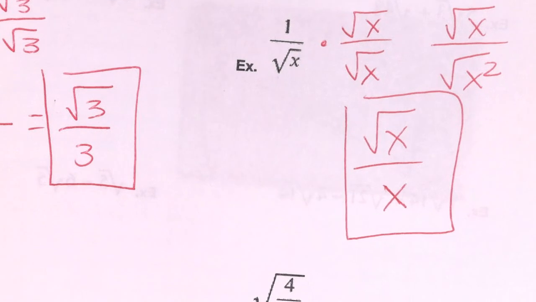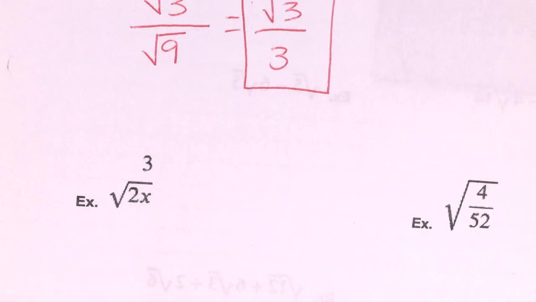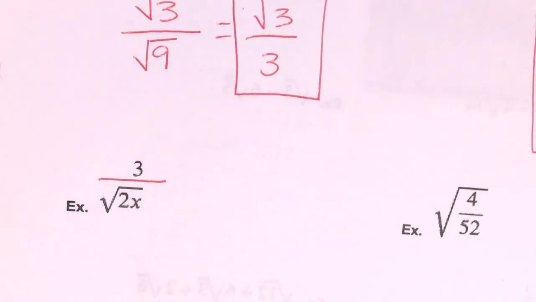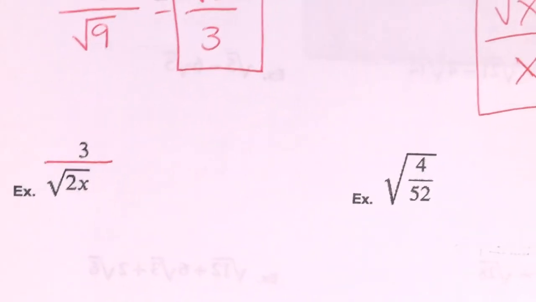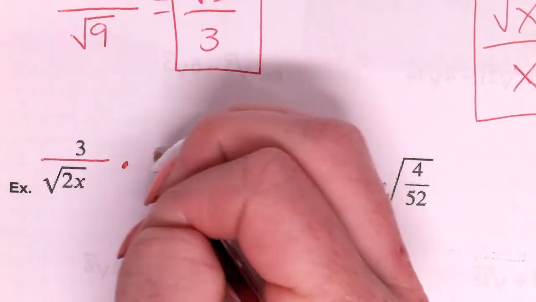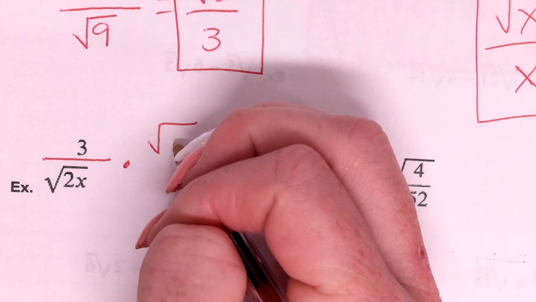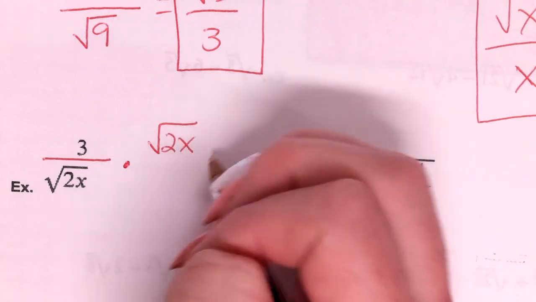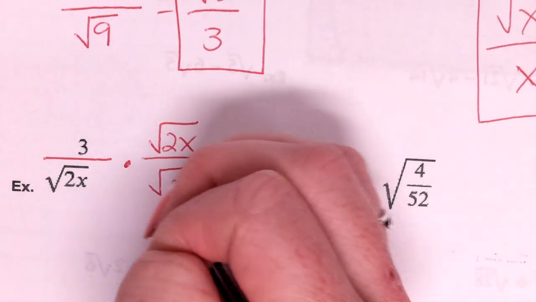You should have gotten the square root of x over x. We've got two more. This is supposed to have a fraction line right there. What are you going to multiply this one by? 2x. Just 2x? Square root. The square root of 2x over the square root of 2x.